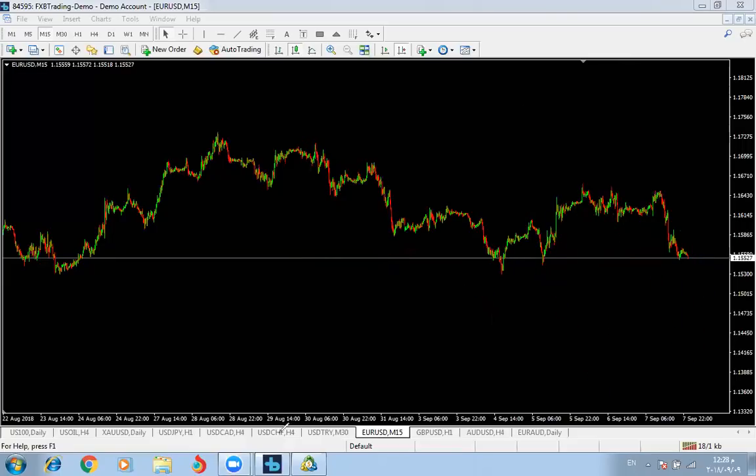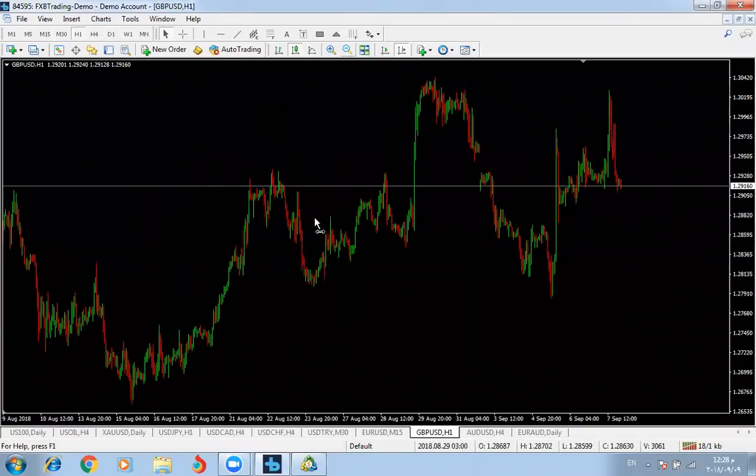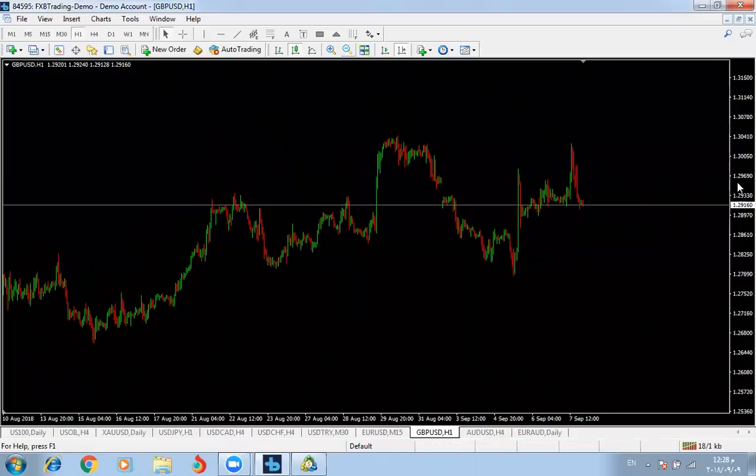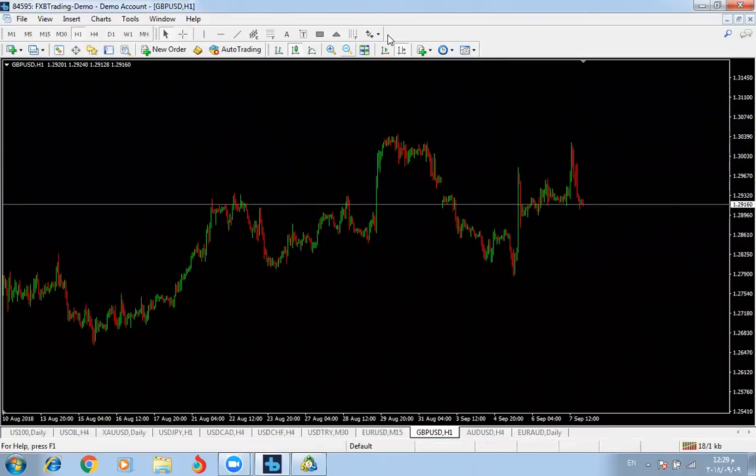Let's move into the pound. The pound is the same thing. We have a change in corrective structures since the price failed to make the impulse to the upside. I have shown you that we might have an extra leg to the upside from this position, but I don't think this will happen.